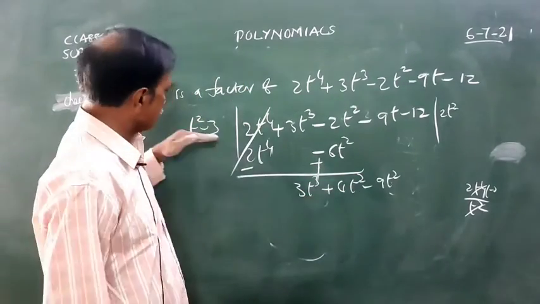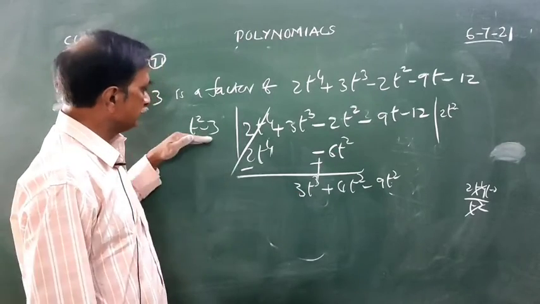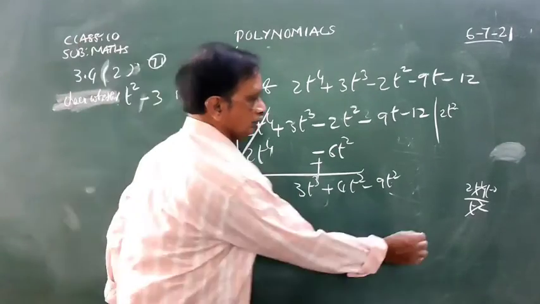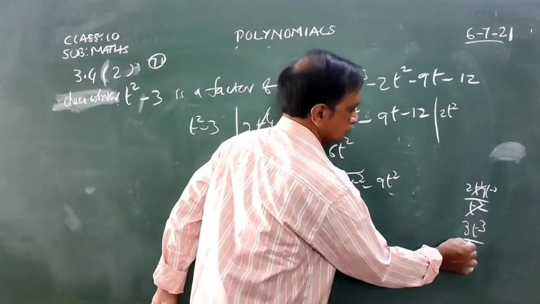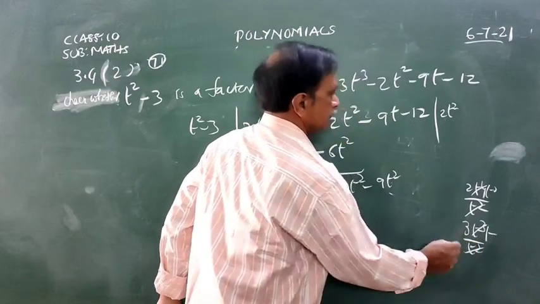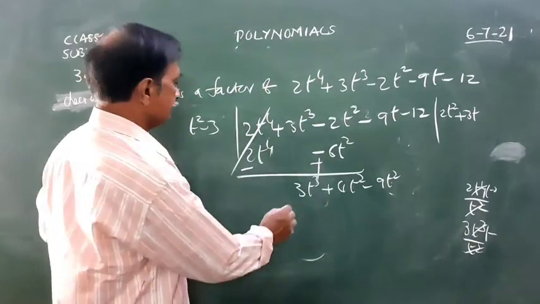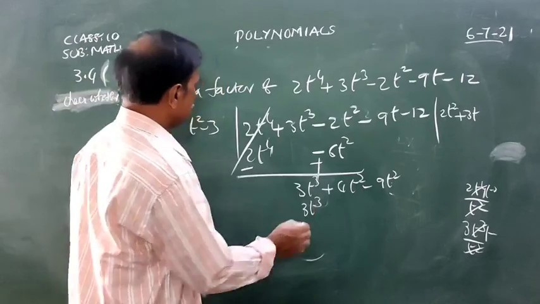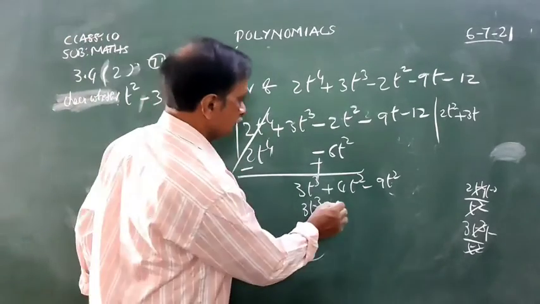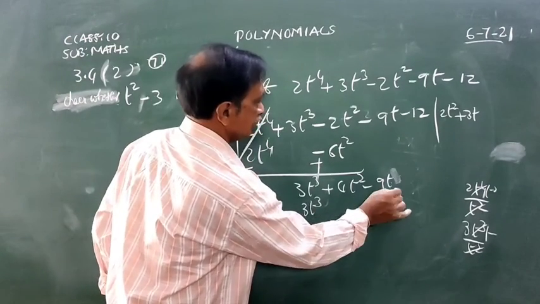Again divide the first term by first term. 3t cube by t square, 3t. 3t into t square, 3t cube. 3t into minus 3, minus 90. Sorry, minus 9t.